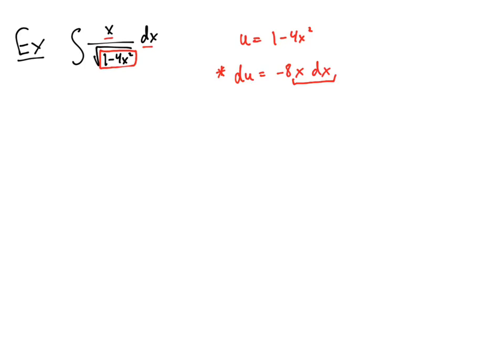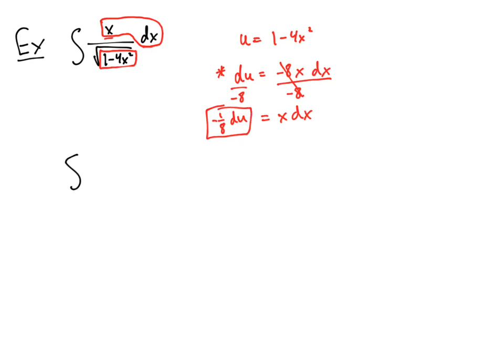So we divide both sides of this equation by negative 8. On the left-hand side, I'm going to write negative 1/8 du. And on the right-hand side, we're left with x dx. So for this x dx, we substitute in negative 1/8 du.